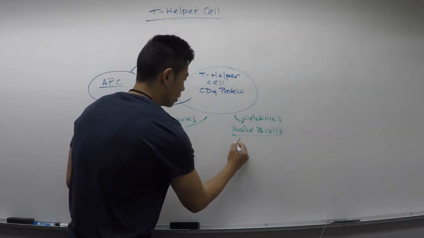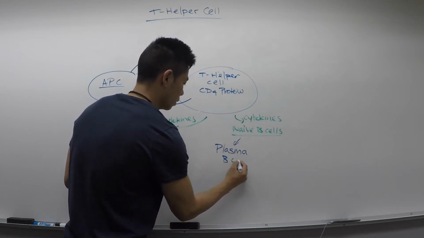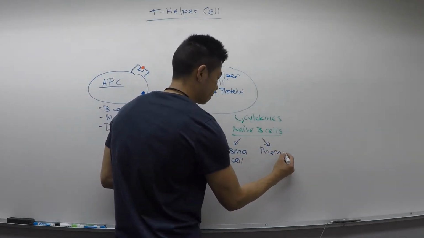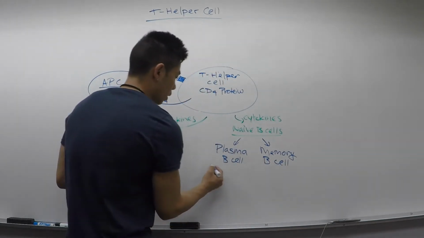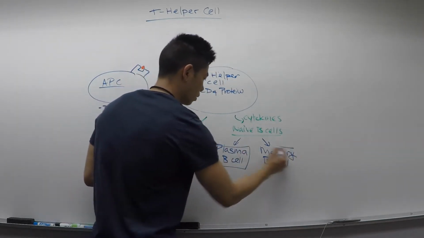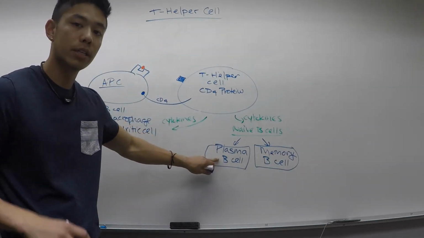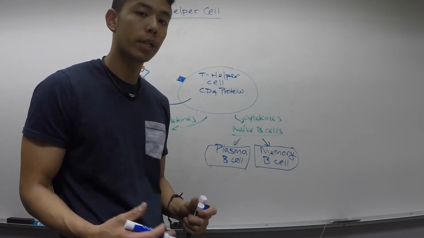So our naive B cell is going to turn into a plasma B cell, and it's also going to turn into a memory B cell. Okay, so our plasma B cell is going to be very important in fighting this infection as quickly as possible.